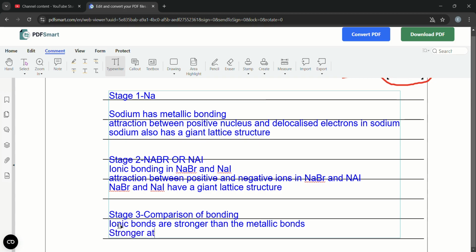Stronger attraction between positive and negative ions in NaBr than NaI.